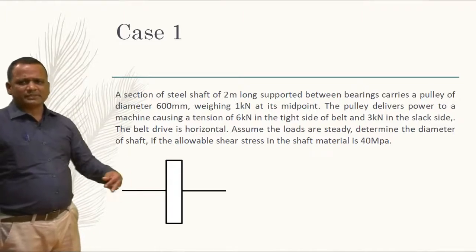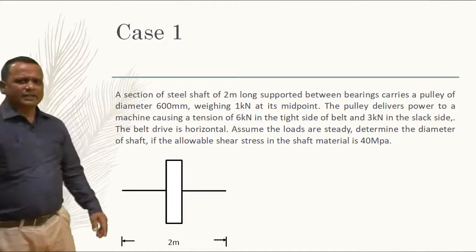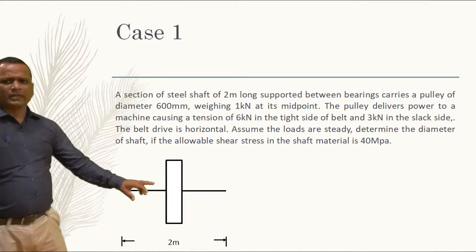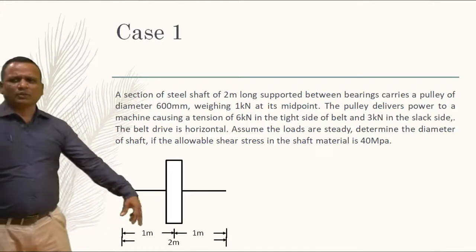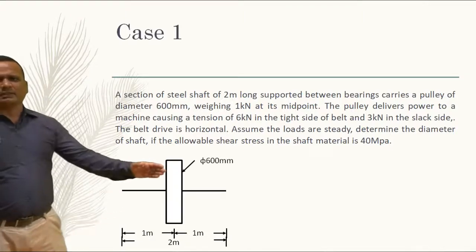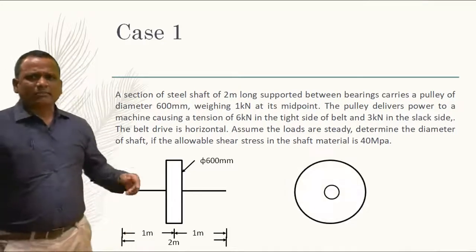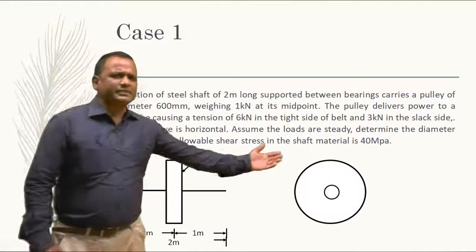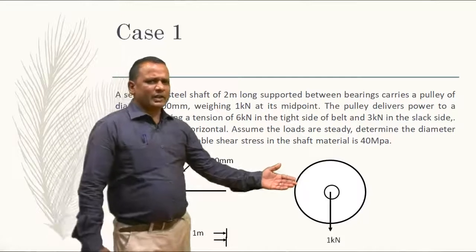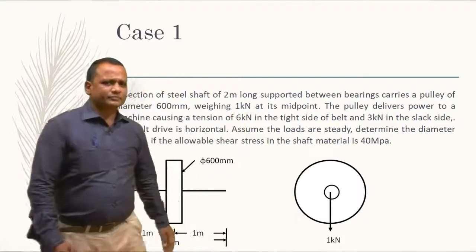I consider this shaft of 2 meters, as given in the case, and since the pulley has been loaded at the mid, it is 1 meter on each side. I consider the diameter of the pulley as 600 mm, and the side view of this looks like this, and the weight of the pulley is 1 kN, which is again given in this case.